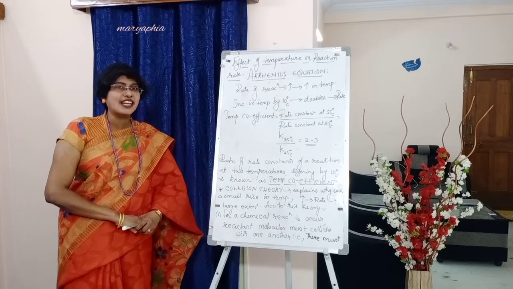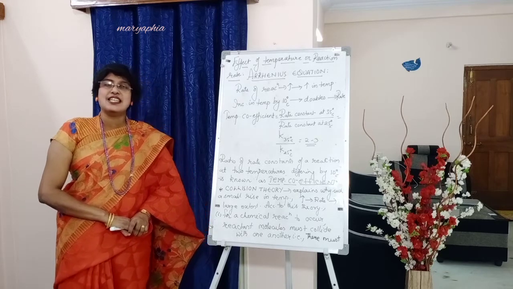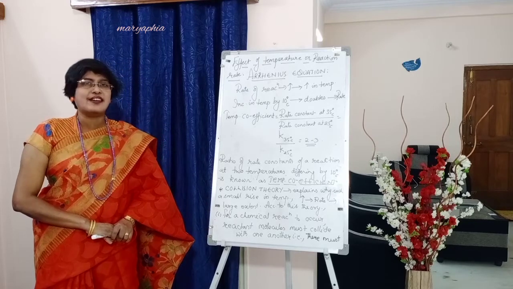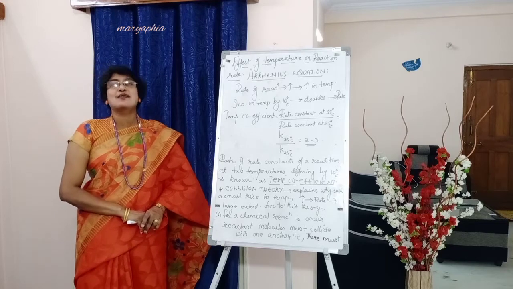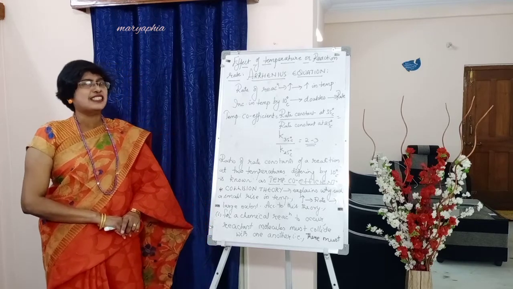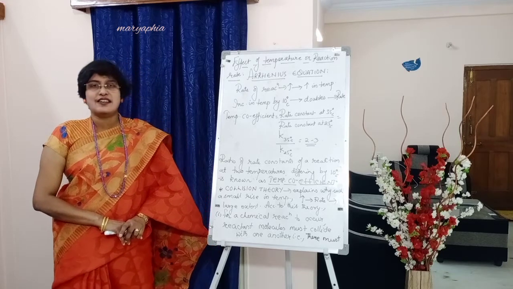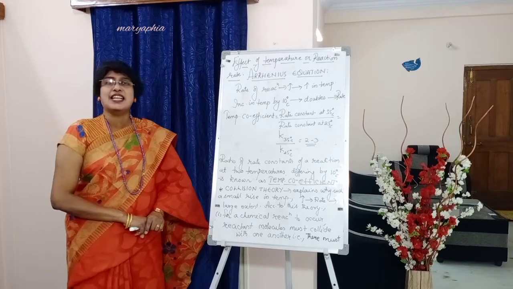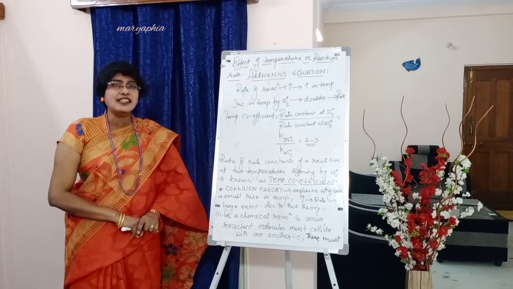Okay students, ready? As we all know, rate of reaction increases with increase in temperature. I think you all know that, right? So when we increase the temperature, automatically the rate of a chemical reaction also will be increased. And here one point to be underlined: increasing temperature by just 10 degrees centigrade.